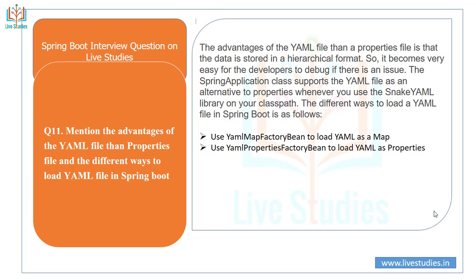Spring Boot supports YML as an alternative to properties whenever you have the SnakeYAML library on your classpath. The different ways to load a YML file in Spring Boot are as follows: use YamlMapFactoryBean to load YML as a map, and use YamlPropertiesFactoryBean to load YML as properties.